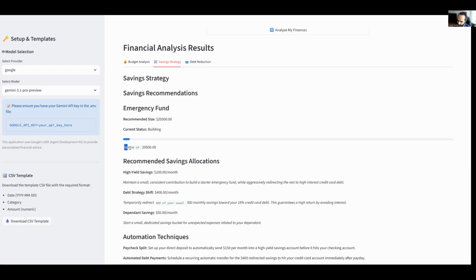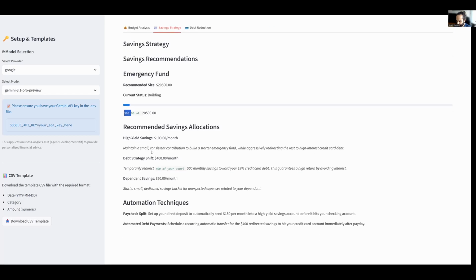It's supposed that we have 500 already in this emergency fund, but it's also recommending some savings in the strategy, like saving $100 per month to build the starter emergency fund, and the remaining amount will go to the high interest credit card debt. Here it's suggesting $400 per month to pay the high interest credit card debt.